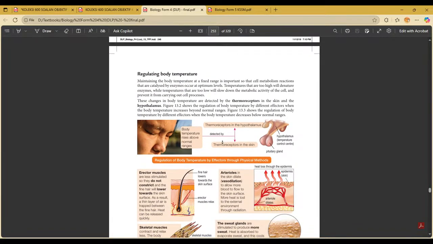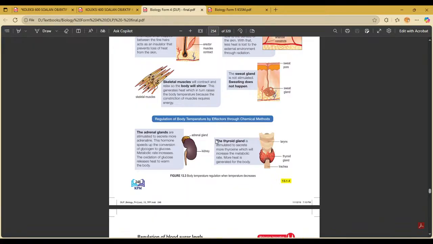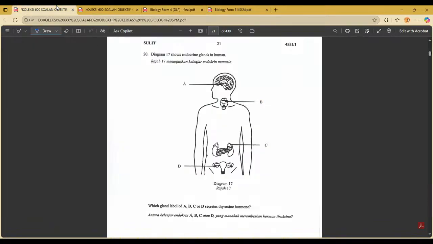Thyroxine is thyroid gland. Okay, that makes sense. Thyrox, thyroid. So it's B, thyroid gland.